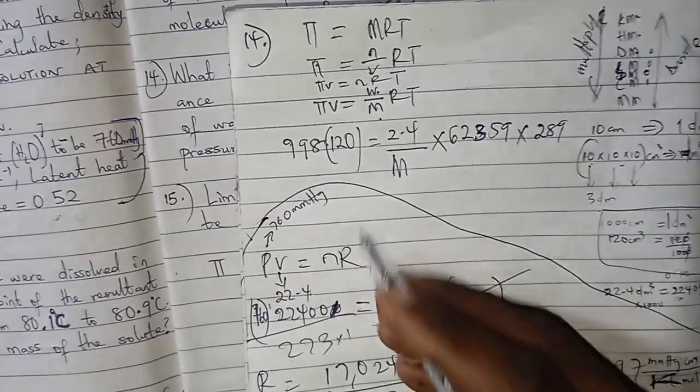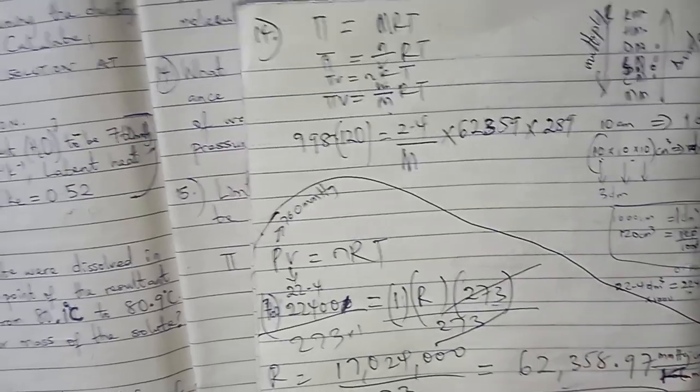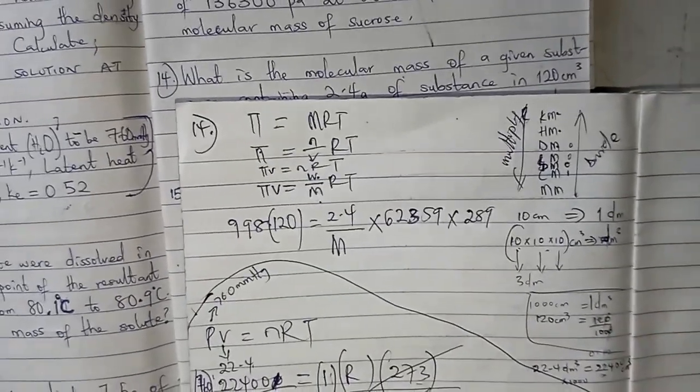So then times 289. By the time you punch it, what do you get?